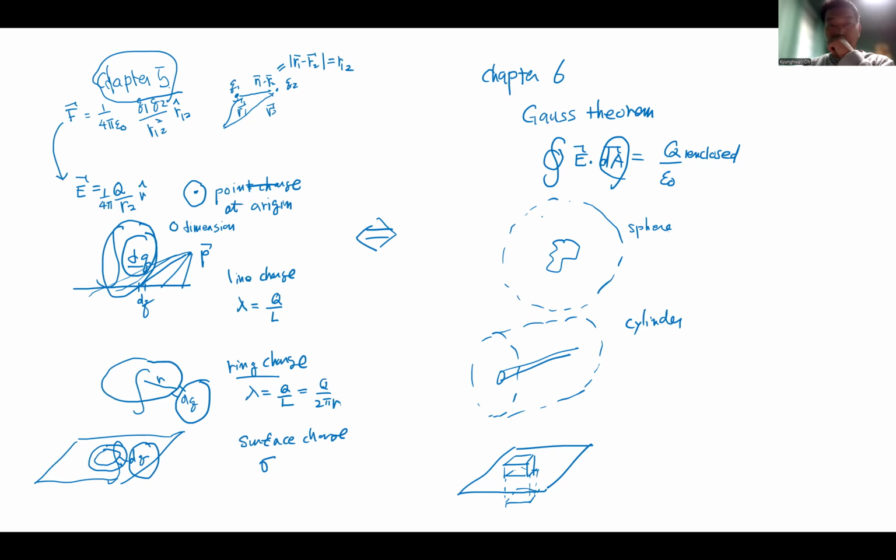So our viewpoint is changing: the integral over dq is changed into a surface integral over A. From this, we can correlate E and Q enclosed.